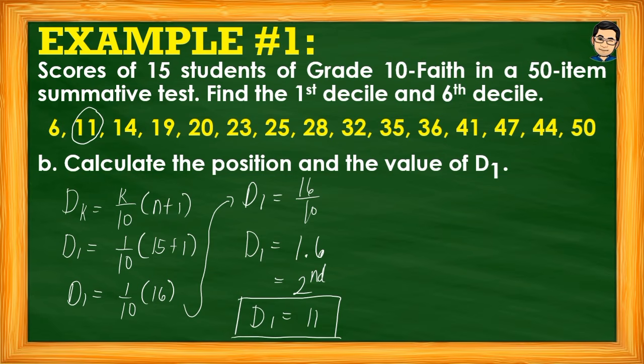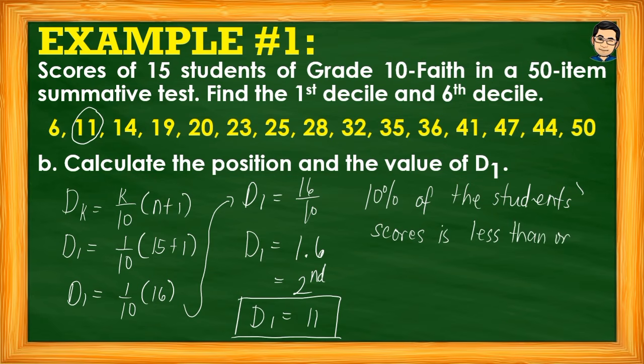So, if we are to interpret the value of D sub 1, ganito siya. 10% of the student scores is less than or equal to 11. So, meron kasi tayong learning competencies na interpret the measures of position.